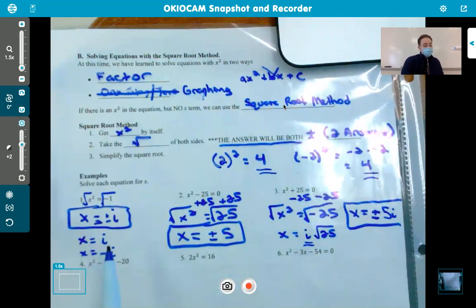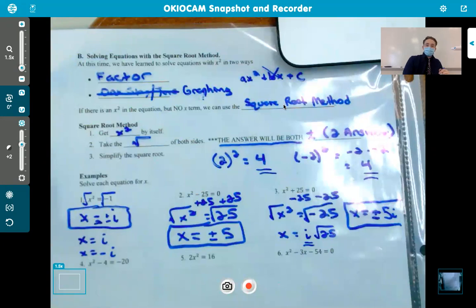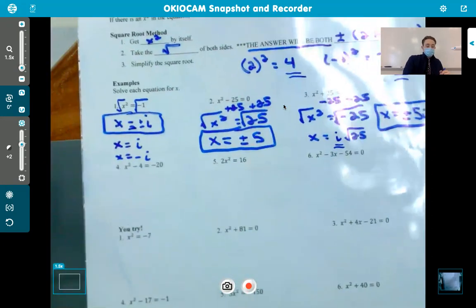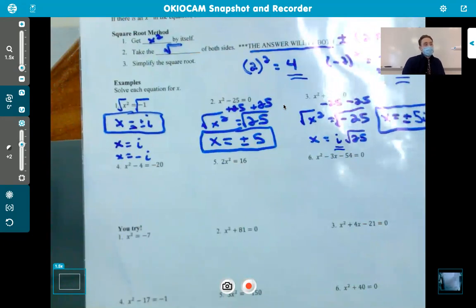Anybody have any questions about examples 1, 2, or 3? What about example 4? What would I have to do in example 4?